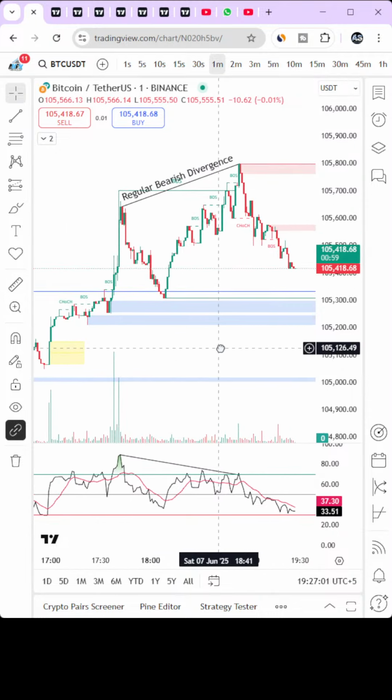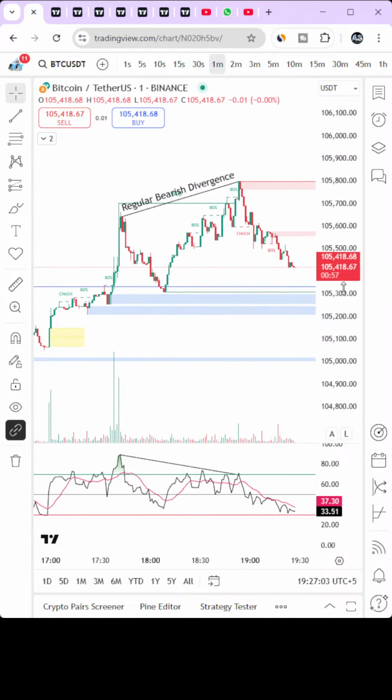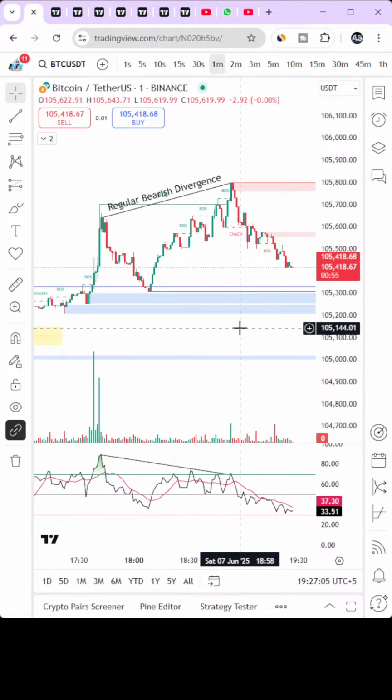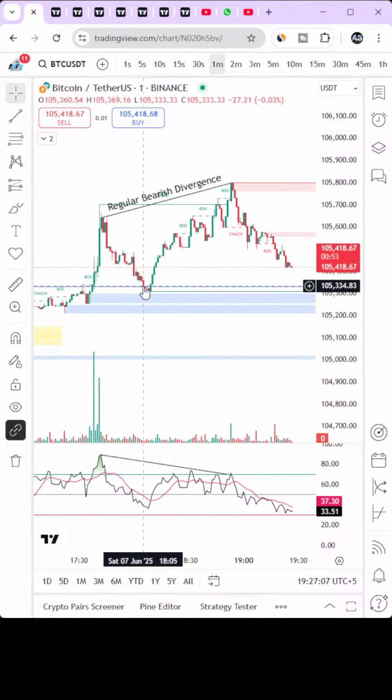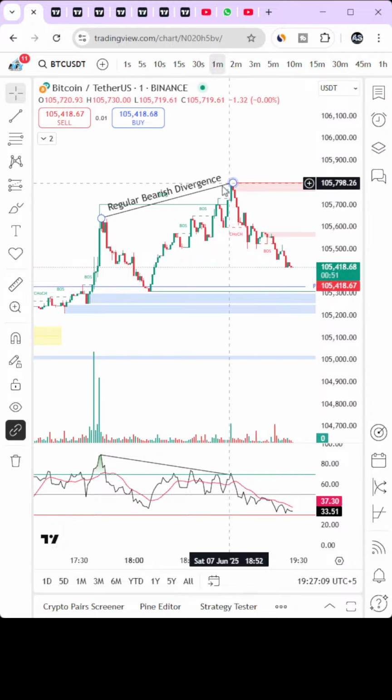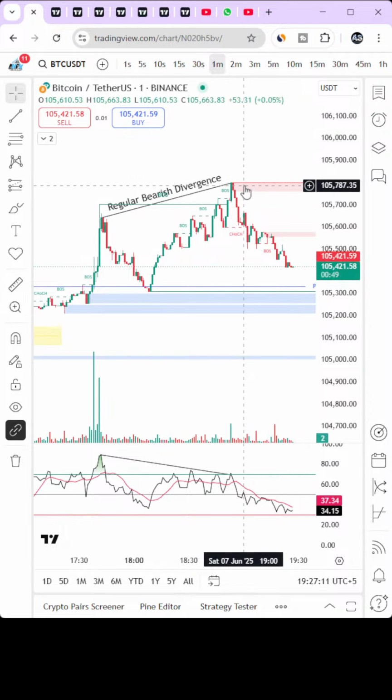Now, how could we know that this regular bearish divergence would be created?